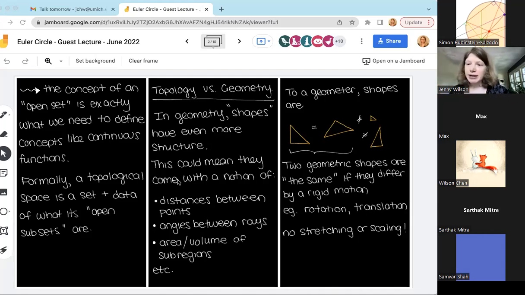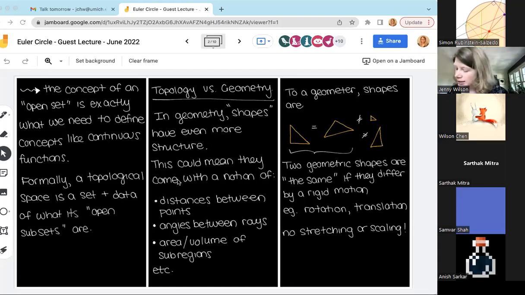And specifically, there are different geometric structures you can define on a set, but the sort of structures that a geometer might study would mean, for example, their shapes come with things like a notion of distances between points, or a notion of angles between different rays. Or if you're in some sort of differentiable setting, you might have a notion of areas or volumes or hypervolumes of subsets of your space.